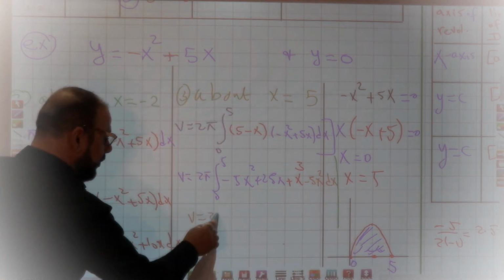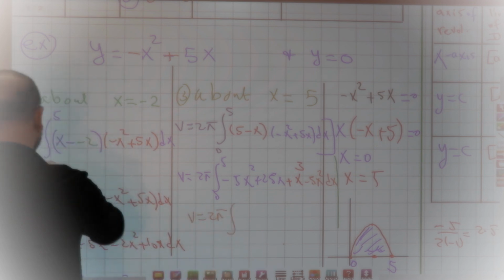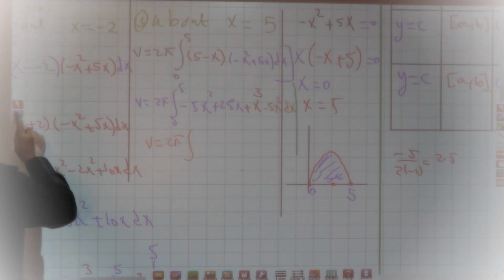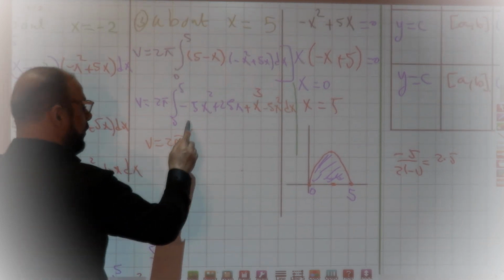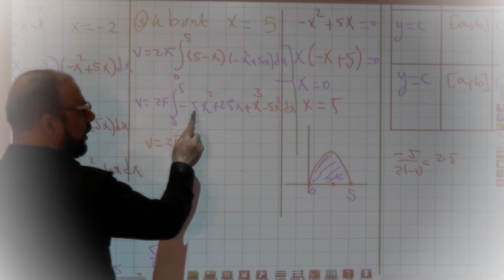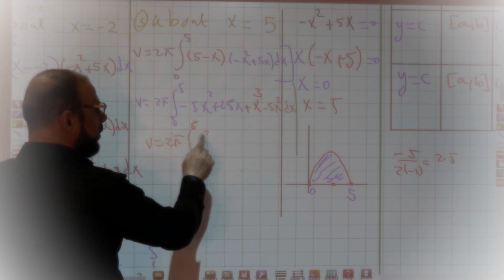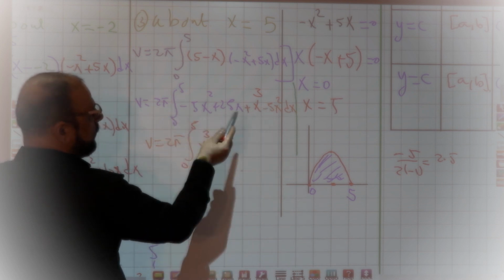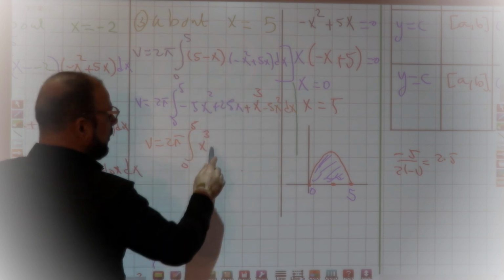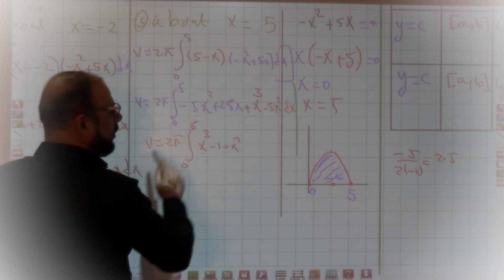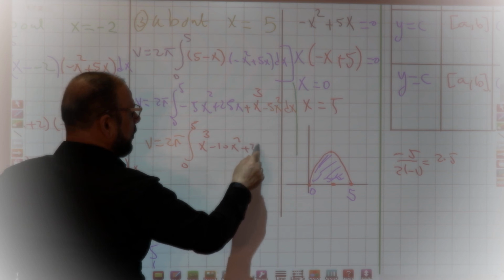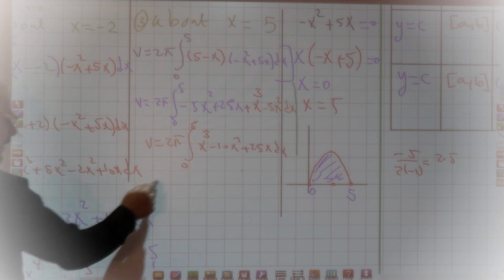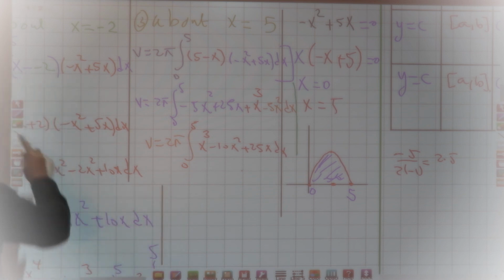V equal 2 pi from 0 to 5, x cubed first, negative 10x squared, negative 10x squared from here and there, negative 10x squared plus 25x dx. Okay, I'm gonna finish it and we're gonna evaluate it, Robert.